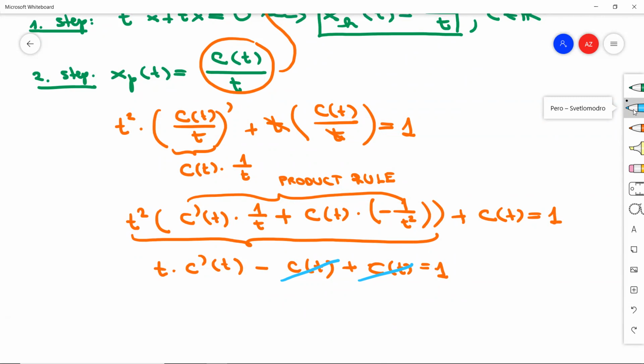For all linear differential equations, only the first summand, the summand where we have the derivative of the constant c, remains in the equation, and so c prime of t is equal to 1 over t. So c of t, by integrating both sides, we get that c of t is logarithm of t.